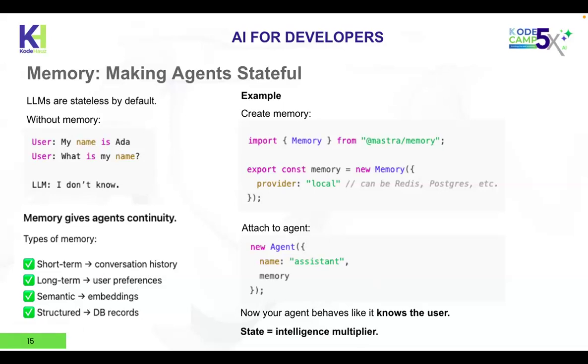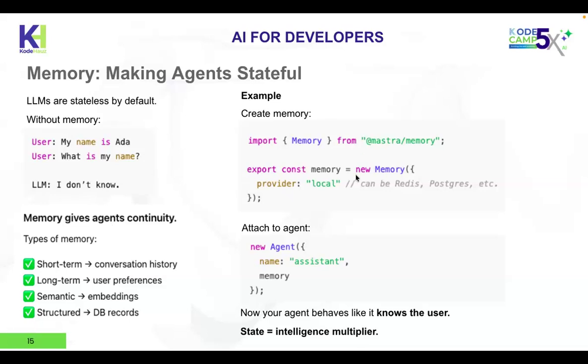You store them as embeddings, right? So the semantic memory allows you to retrieve contents that are relevant to the current conversation. And then you have structured memory, which is basically stored as structured data in database records. So each of these has its own uses, and we're going to look at some of them.